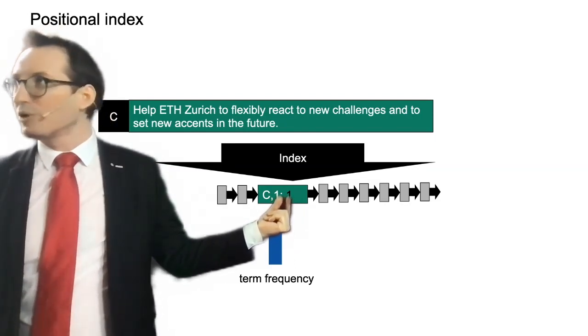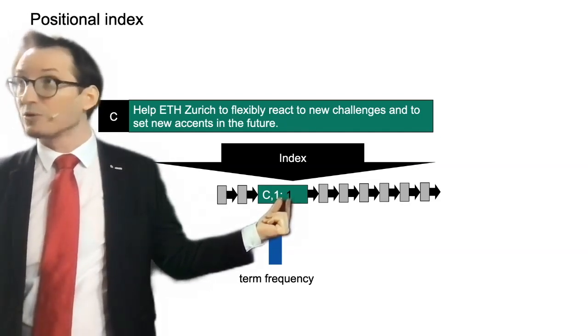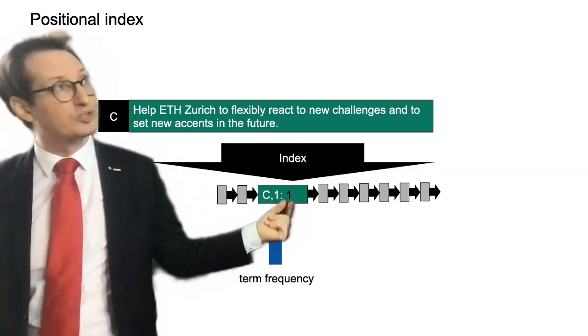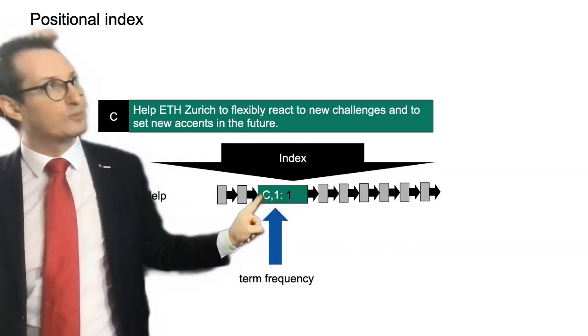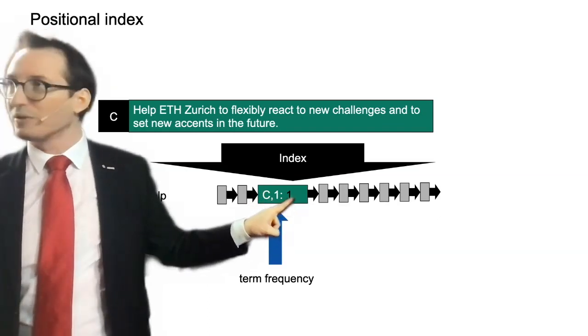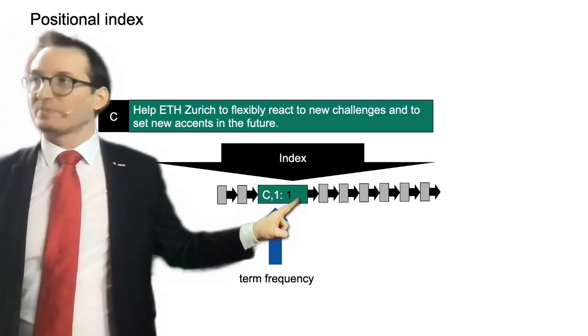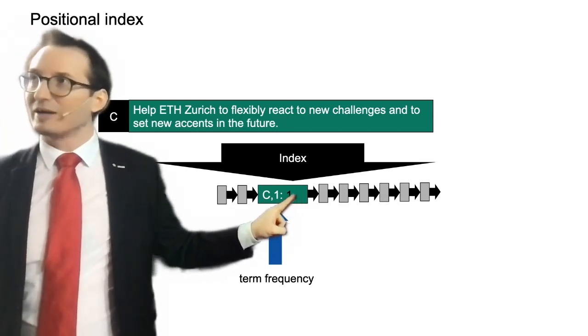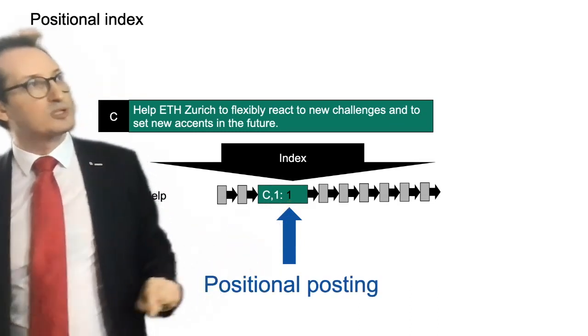Because in the set of words, we wouldn't know. But we have lists of words, so we do know the number of occurrences of each term. Now we know that this term here appears once in document C. We even know at what position, because I also include a list of the offsets at which the tokens appear, right? This is called the positional posting.